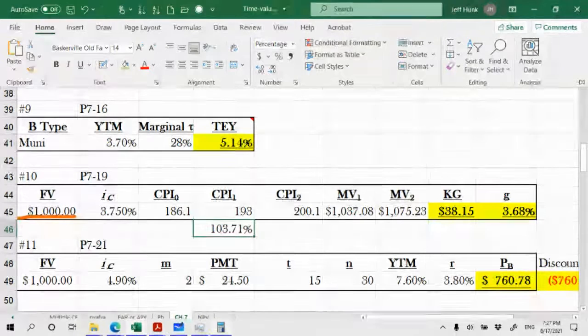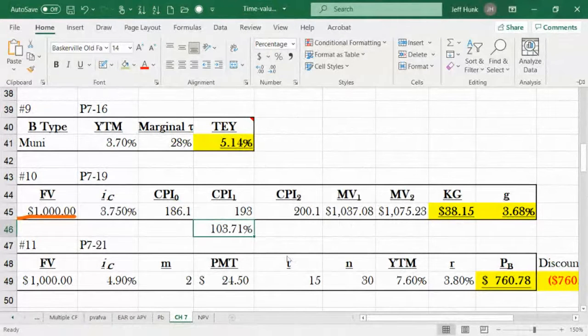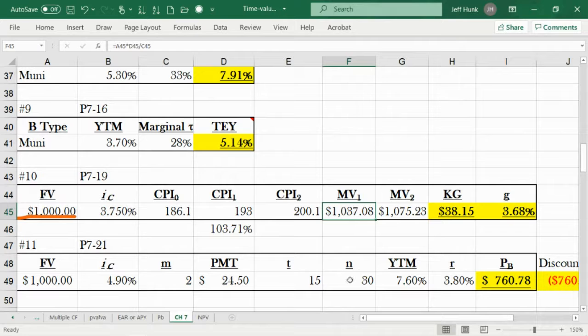So we don't need to work with net inflation. You can just work with the gross inflation, and then you will get this, right?